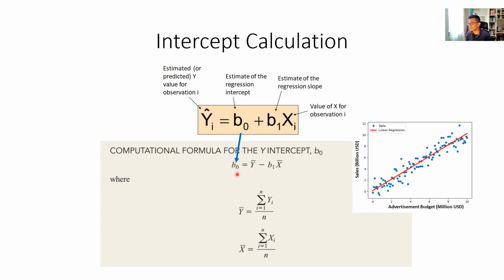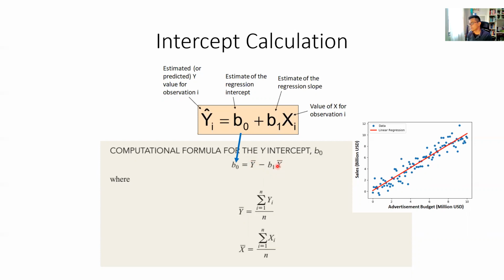We can calculate this if we have the average value of the dependent variable, so we sum all the dependent variables divided by the number of data, which gives the average value of the dependent variable.